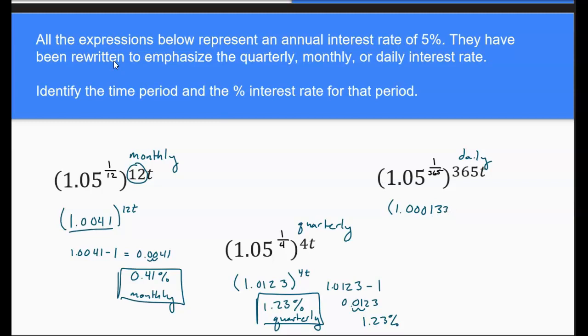Let's just say 13. To the 365t. So we're going to take the growth factor minus 1. We get 0.00013. Move the decimal 2 places. We get 0.013% daily. That is super tiny, but over time it still adds up to 5% yearly.